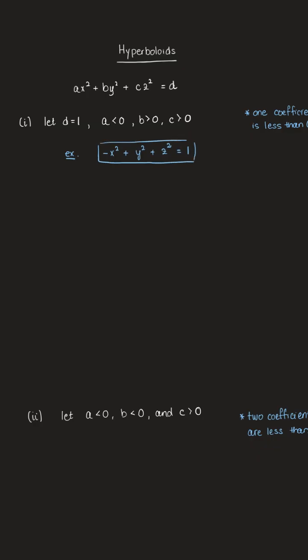Let's consider the yz trace first. The yz trace is the intersection of the surface with the yz plane, which is described by x equal to 0. When we let x equal 0, we have y squared plus z squared equals 1, which is a circle of radius 1.